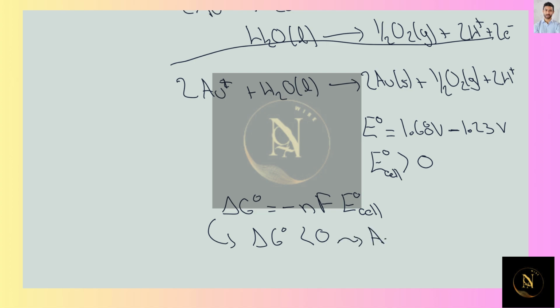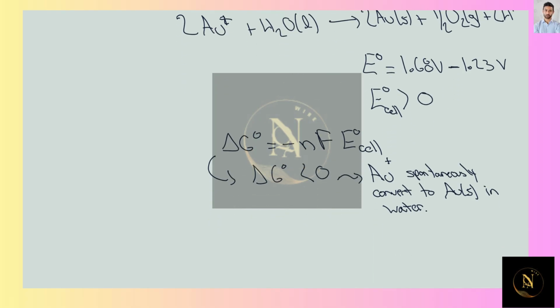Thus, gold plus ions spontaneously convert to solid gold in water. So we're going to have the spontaneous reduction of gold when we are in water. And that would be all.